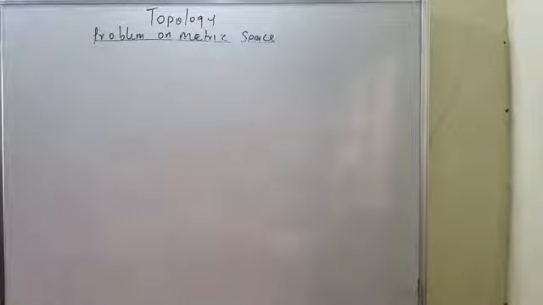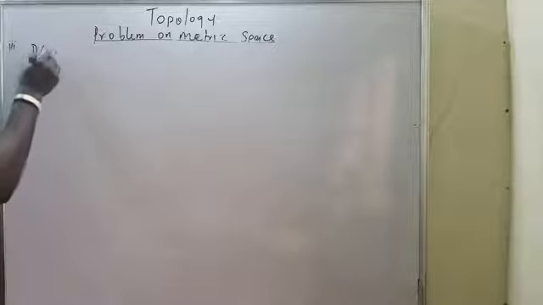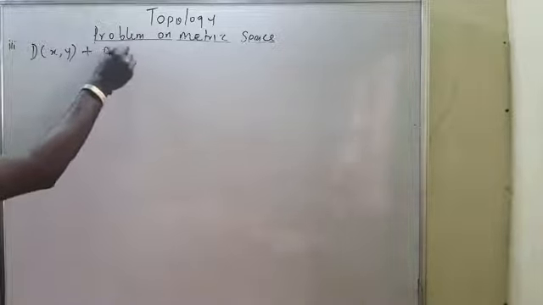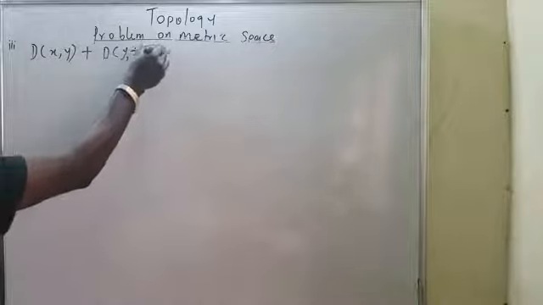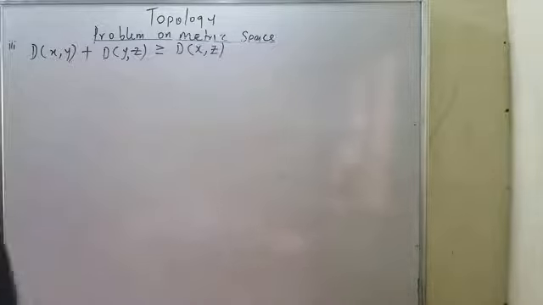That is where the third property lets us know that we are talking about d of x, y plus d of y, z being greater than or equal to d of x, z. That is what the third property is saying.